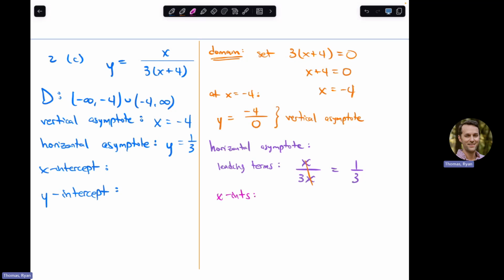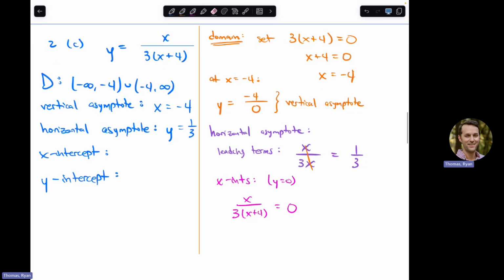How do you find x-intercepts? Let y be 0. Always, not just here. Let y be 0. Okay, well, if x over 3 times x plus 4 is 0, that really means that the numerator must be 0.